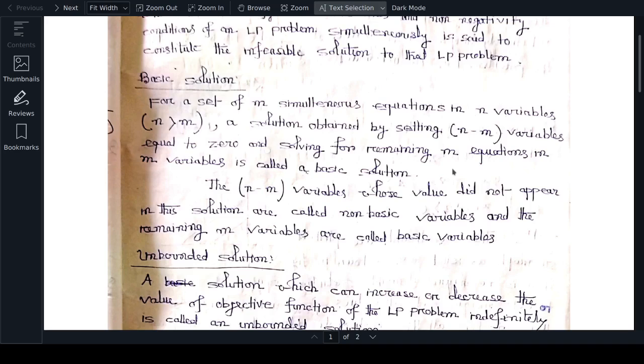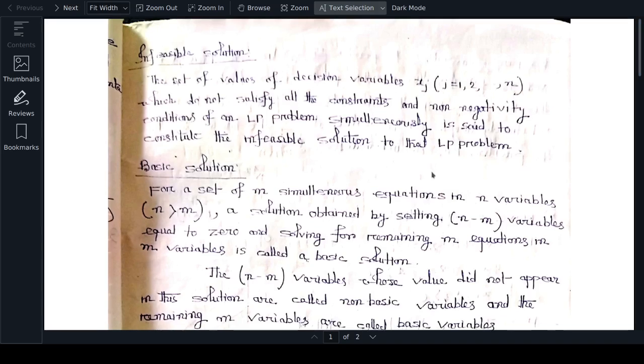Yes, it depends upon your consideration. If you consider x3 equal to 0, then x3 is non-basic, and x1 and x2 are called the basic solution. Clear? Yes, sir.